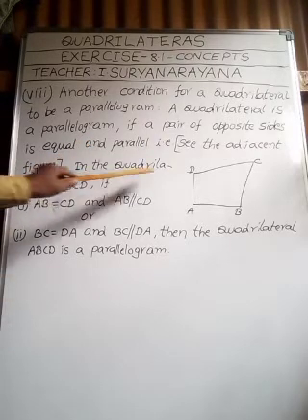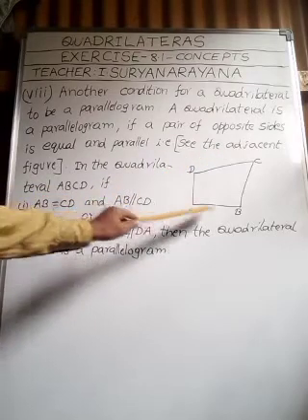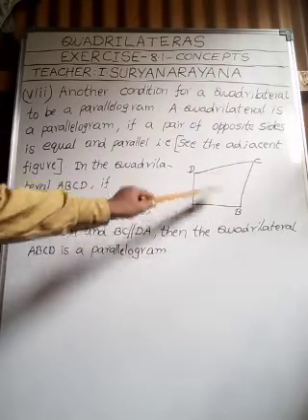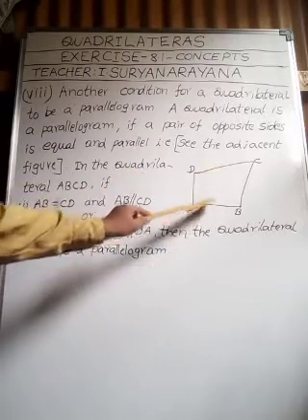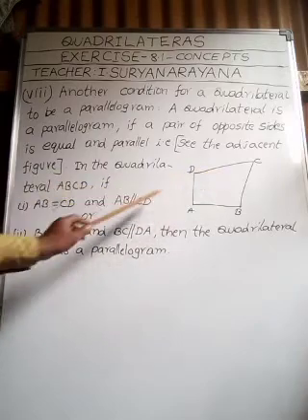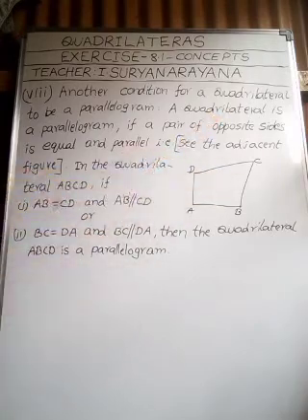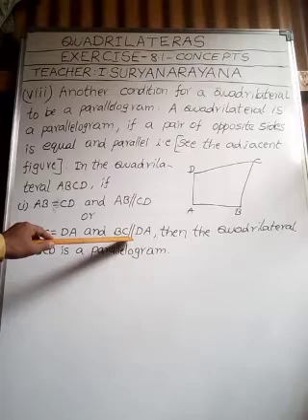Suppose in this quadrilateral ABCD, AB is equal to CD, only this pair, only one pair of opposite sides. These two sides should be equal, and if they are parallel, then automatically this quadrilateral is a parallelogram.